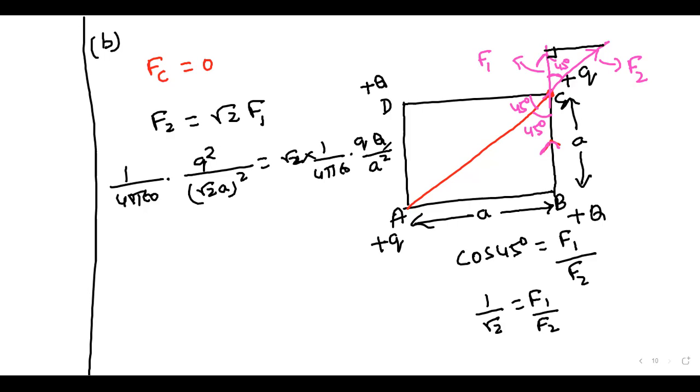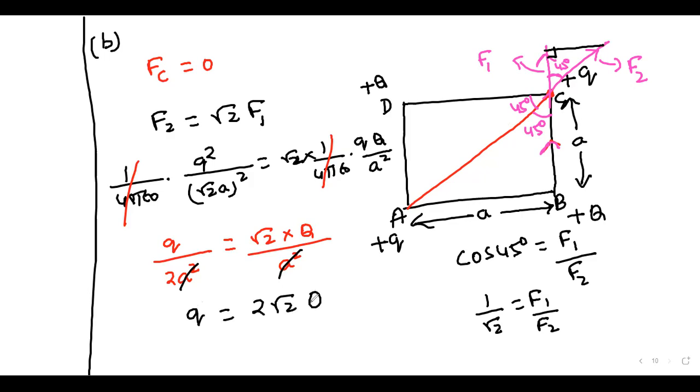So upon calculation, we'll get small q by 2A square is equal to root 2 times capital Q by A square. So upon calculation, we'll get small q equal to 2 root 2 times Q. So modulus of capital Q by small q is equal to 2 root 2.